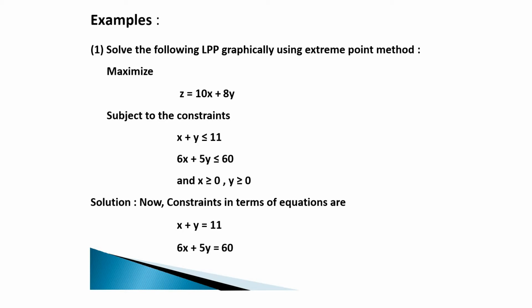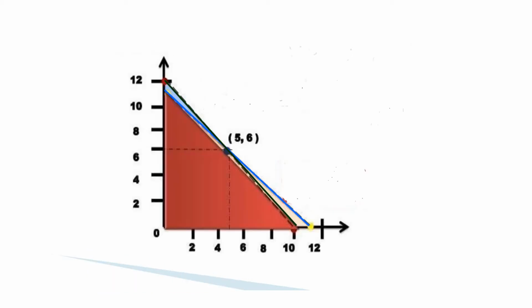To start, we need to write the constraints in equality type, that is equations. So we have x plus y equal to 11 and 6x plus 5y equal to 60. Now let us plot the equations in the first quadrant because x and y both are non-negative.